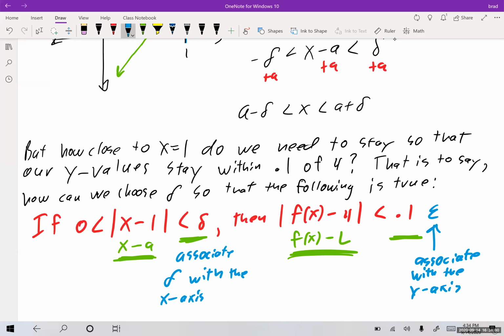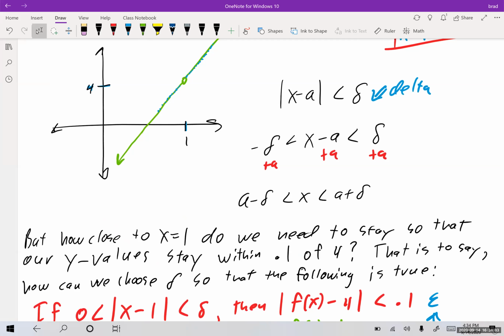So what this means is it's like you're playing this little dance. We're hopping back and forth trying to get closer and closer to 1, these are our deltas down here, and then the epsilon is getting closer and closer to 4, right? So that's what we're trying to do, okay?